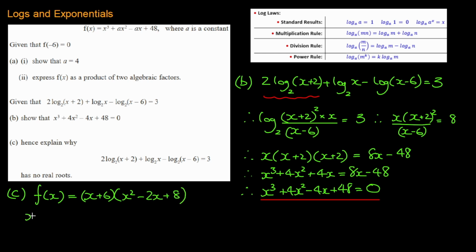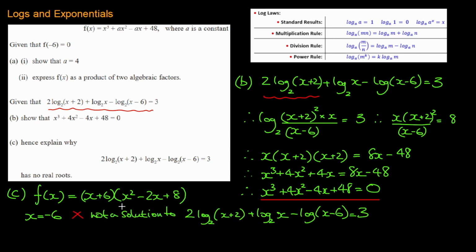So we know, therefore, that x equal to negative 6 is a root. But does that work in our log expression here? The log of a negative number is undefined. So if x is negative 6, this indeed is a negative number, negative 4. So that term won't give a result, that term won't give a result, and indeed that term won't give a result. So that is not a solution too.